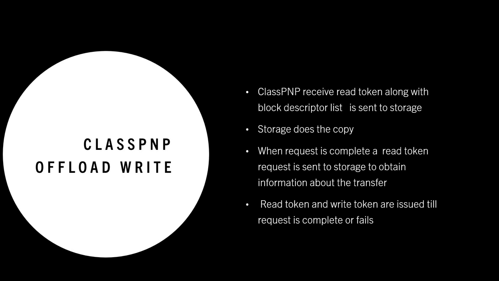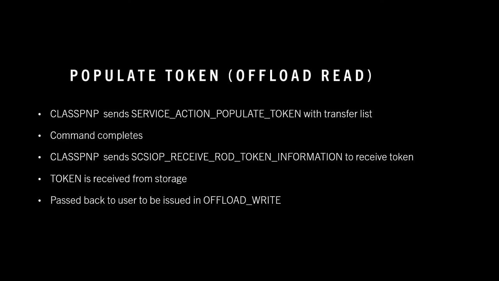And for the offload write command, ClassPnP sends the read token along with a block descriptor list to the storage. The storage does the copy. When the request is complete, a receive token request is sent to the storage to obtain information about the transfer. The read and write tokens are requested until the request is complete or fails, and the number of requests depends on the size of the file.